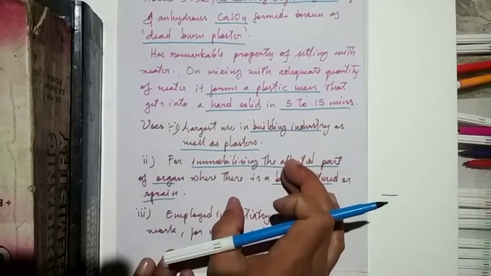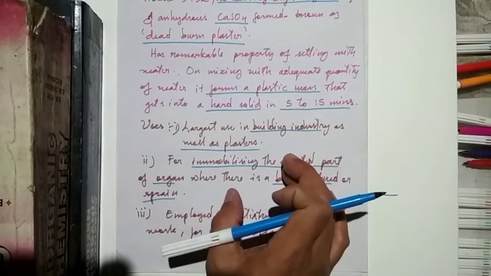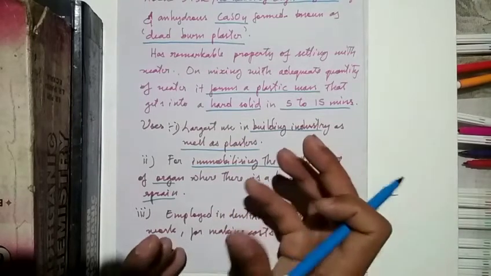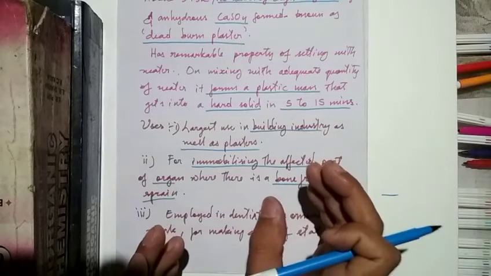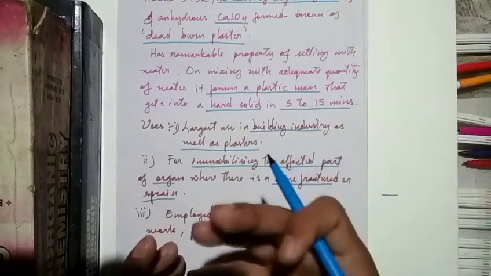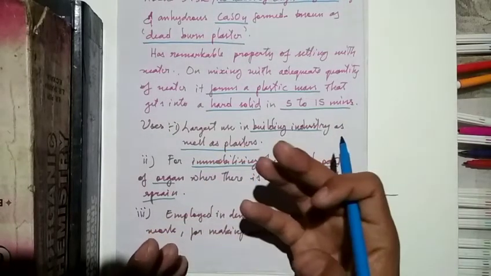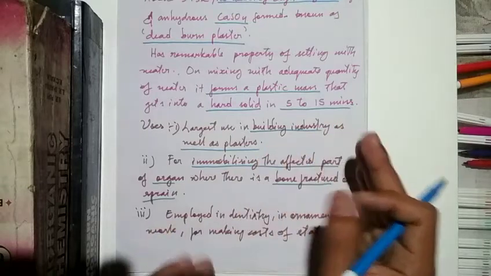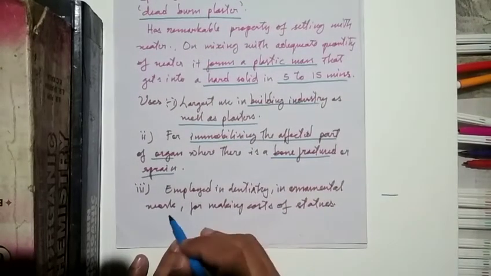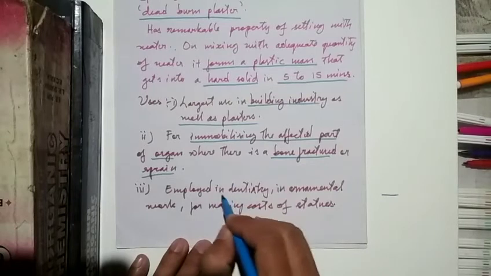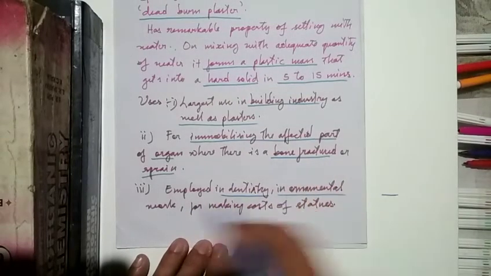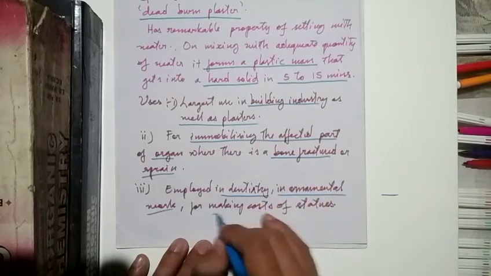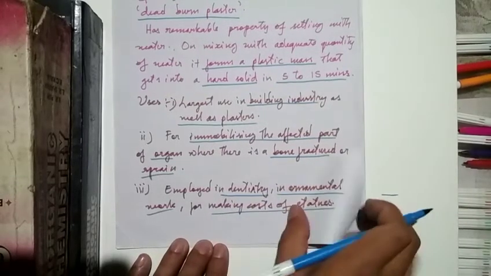We use this plaster of Paris to immobilize the affected part where the bone is fractured, in order to heal the fractured bone. It is also employed in dentistry, ornamental work and the making of statues.